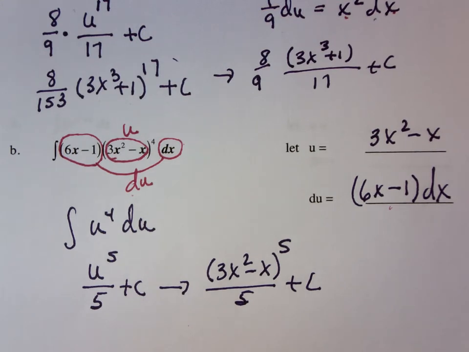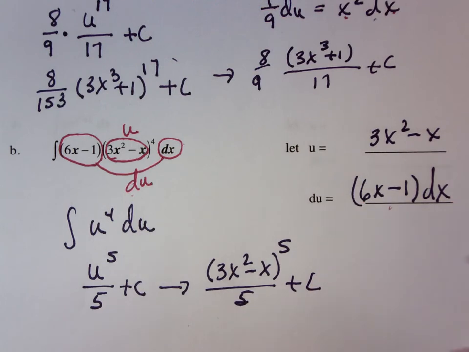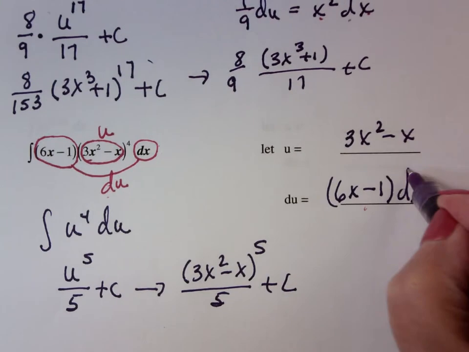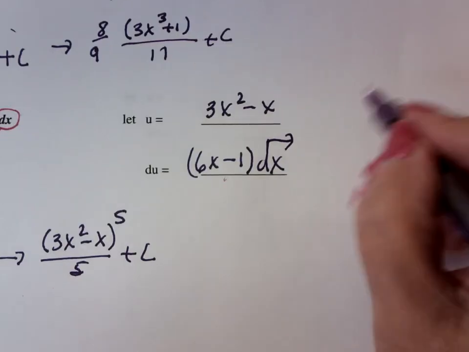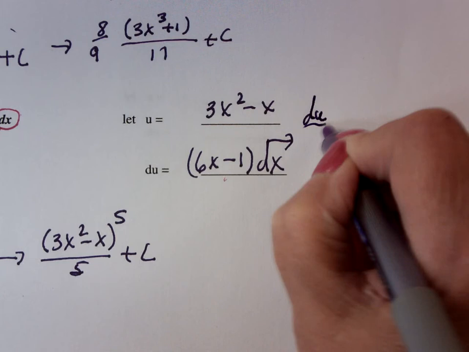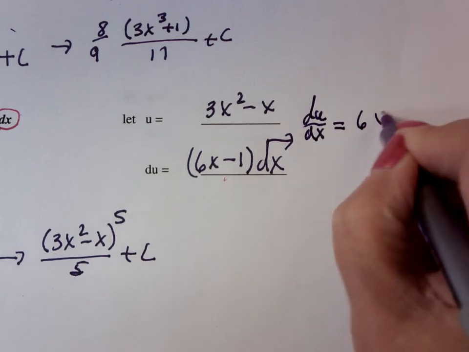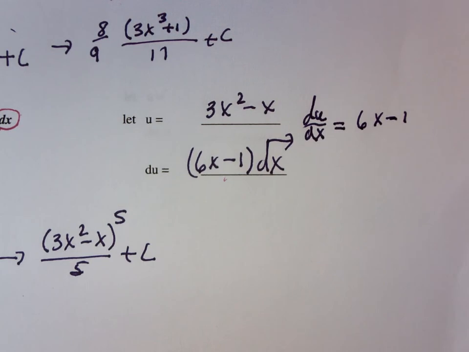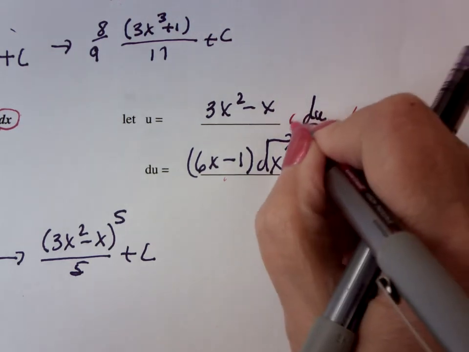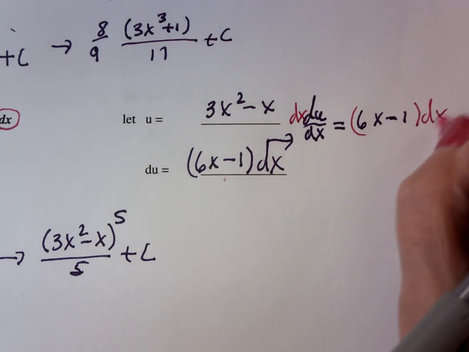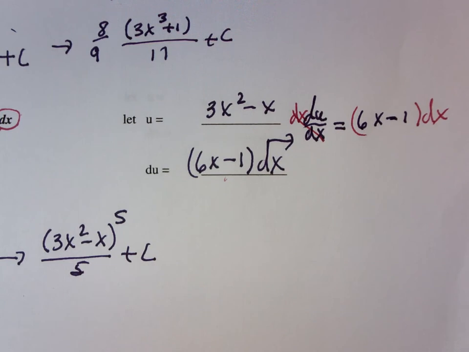So when we're doing u and we go to take the derivative, what's in between is du/dx equals 6x minus 1. Then you multiply both sides by dx. That's how the dx got there, and that's how you get du.